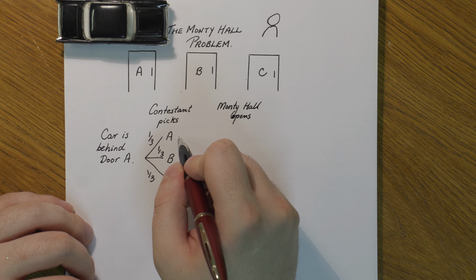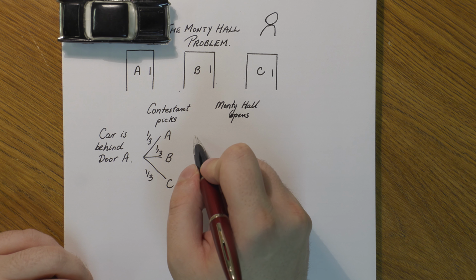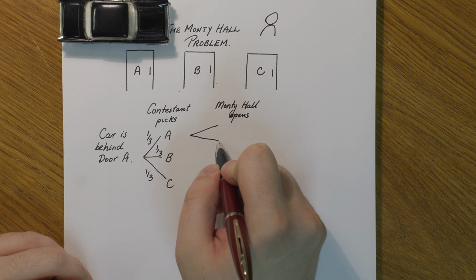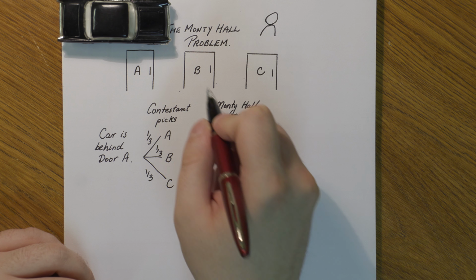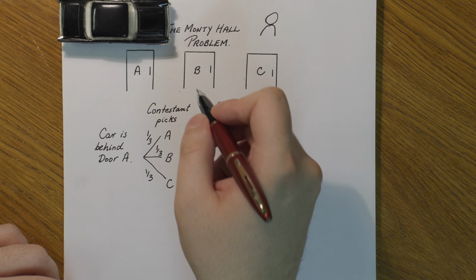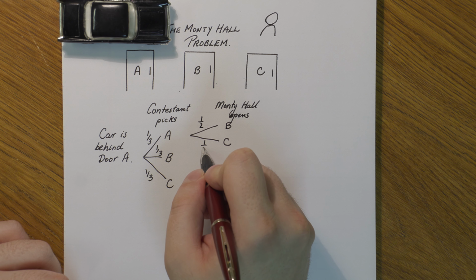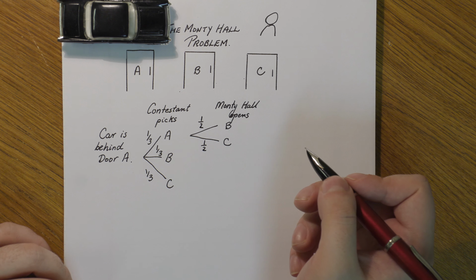Now, when the contestant picks door A, that means that the car is behind it. Monty Hall has two options. He can either open door B or door C, because he knows that there's no prize behind that. So he'll pick those randomly. He can pick between the two of them, and we'll assume that he picks randomly, so it's 1/2.